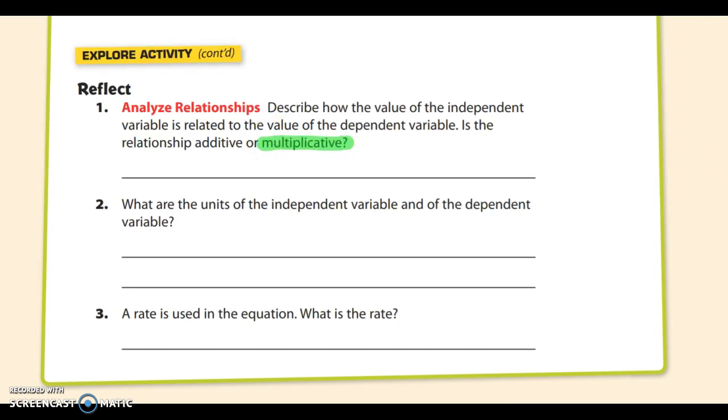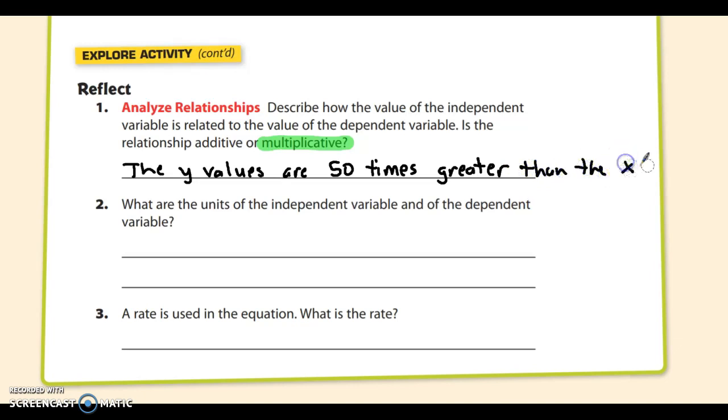So what we can say here is the y values are 50 times greater than the x values. That was a really tricky question, and it wasn't asking for a really complicated answer. That's all we needed for this one.